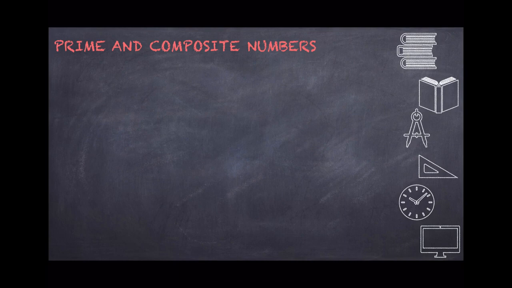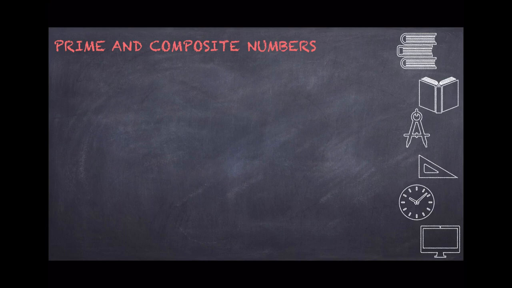Now let's move ahead to the next type of numbers, that is prime and composite numbers. But before I give you the definition of prime and composite numbers, let me give you a few examples. In our previous video, we had discussed the different pairs of numbers which when multiplied, we obtained 12 as the product.